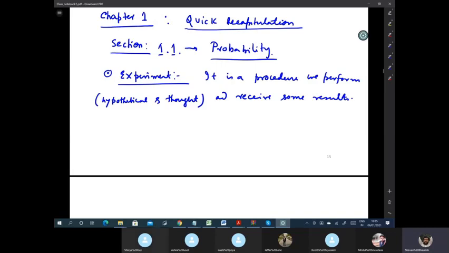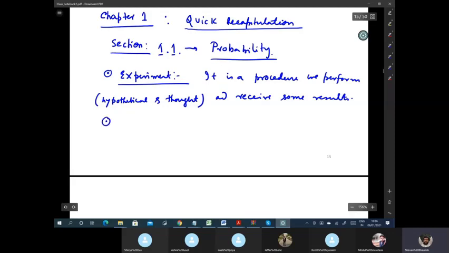Something is hidden which we don't explicitly tell here, but in many cases we assume the coins are unbiased, both sides are equally probable. Those assumptions are also inside the experiment, which we generally don't explicitly state. So the experiment consists of the procedure, the outcome, and the assumptions.